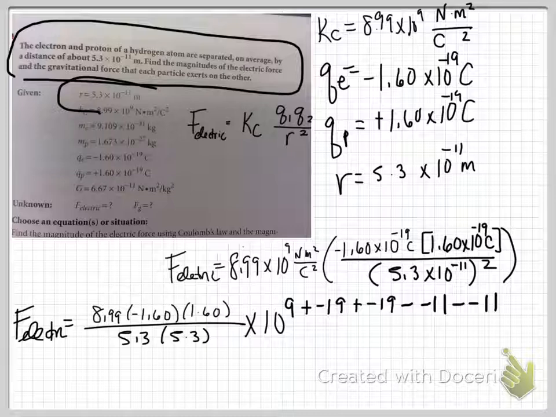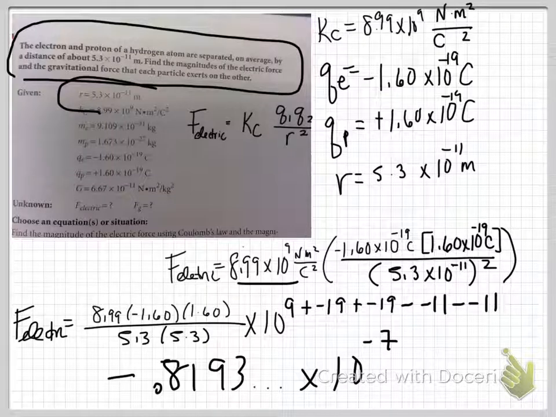That's not so bad. Okay, so I've got negative 0.8193 times 10 to the negative 7th coulombs.